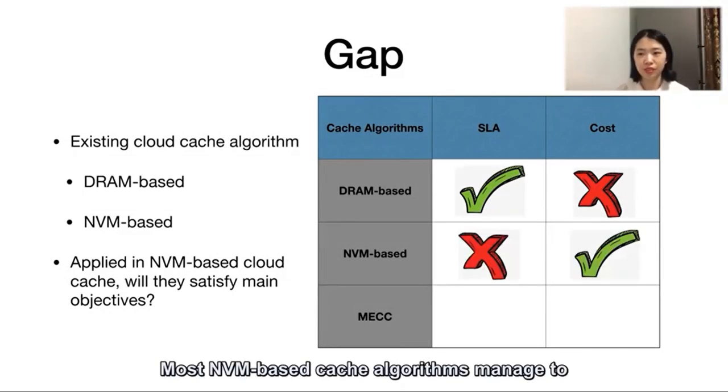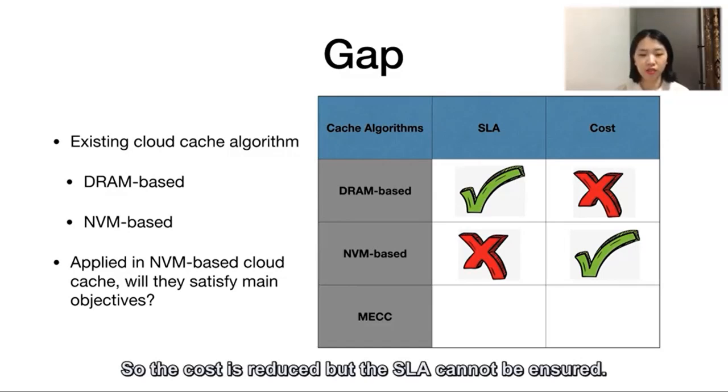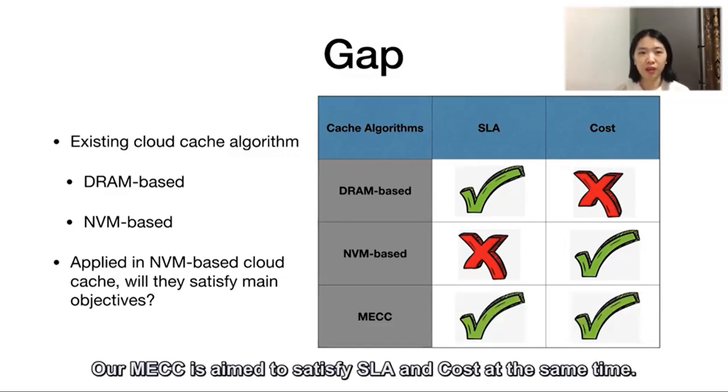For most NVM-based cache algorithms, the performance is unpredictable, so the cost is reduced, but SLA cannot be ensured. Our MECC is aimed to satisfy SLA and cost at the same time.